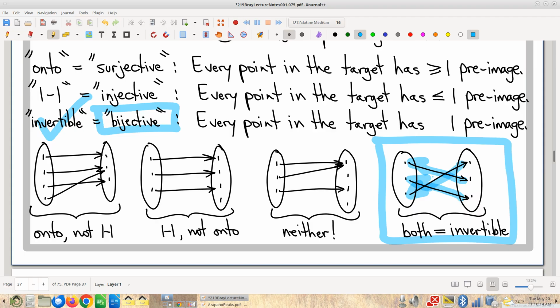I got nothing to go with, right? And then you look at this point out here. Well, it's got two pre-images. Which one do I pick? There is no clear, unambiguous inverse for something like that. So you've got to have both of the jectives to be inverted.